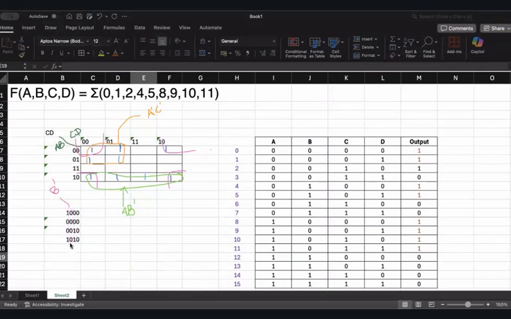D bar. Now you are going to check this one. C, changing. So you can't consider that. D, is D also not changing? All are 0. Since it is all 0, it is going to be B bar, D bar. Is that clear, everyone?